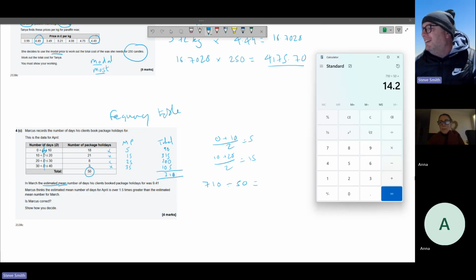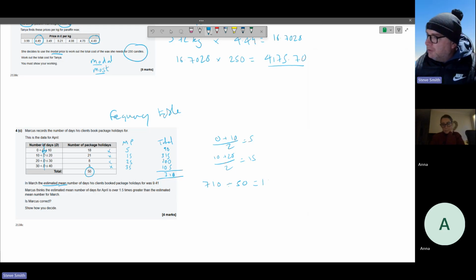Come on. Right, so we can see here that the average number of days that people book a holiday for is 14.2. That sounds amazing. So in March, the mean number of days his clients booked packages was 9.41.